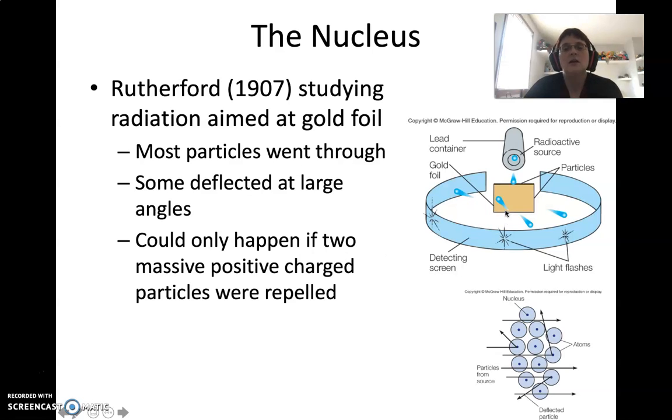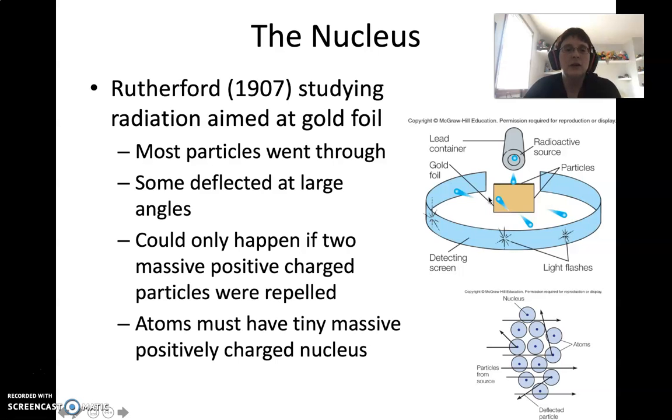Same thing here: two positive charges, the positive charge from the radioactive element and the positive charge from the gold atom. When they came in contact with each other, or pretty close contact, they repelled each other and would shoot off in a new direction. So that meant that atoms must have a tiny, massive positively charged nucleus, not this big gooey section that the electrons were hanging out in.